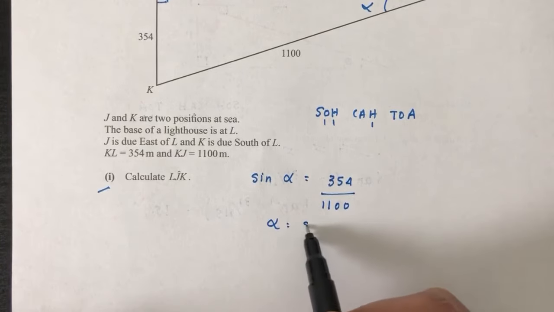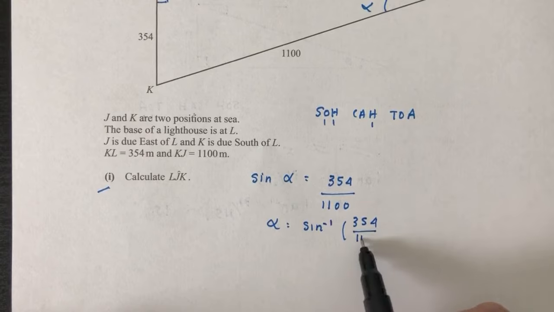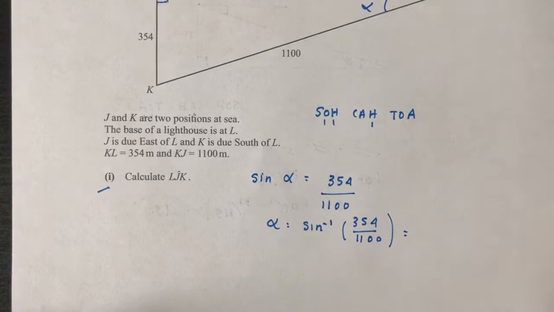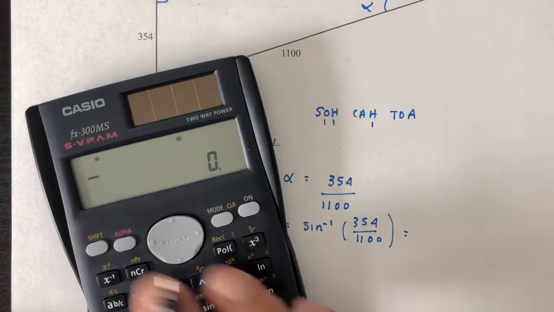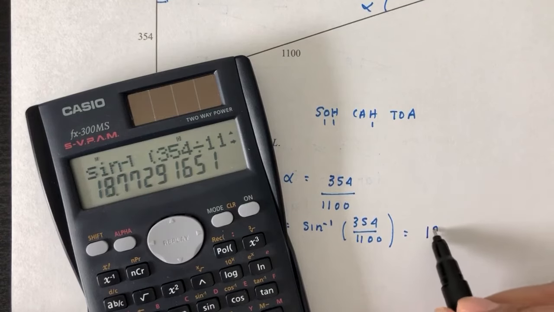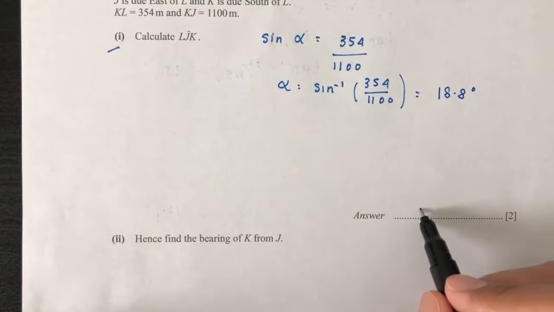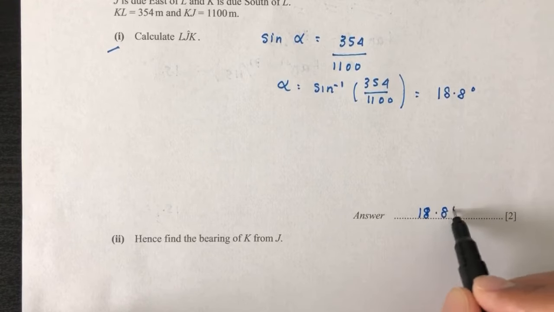So alpha will be sine inverse of this fraction. So sine inverse of 354 divided by 1100. That will give me 18.8 degrees. So that will be your answer for part 1, 18.8.